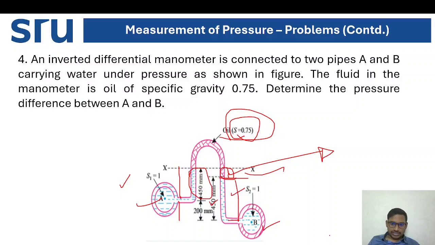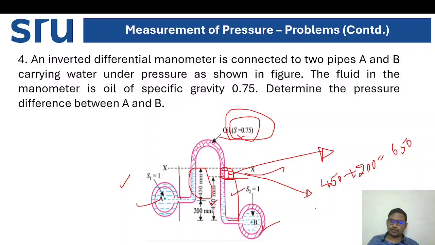So once you cross check, see here, this is calculated. Left side 450 plus 200, that is equal to 650.